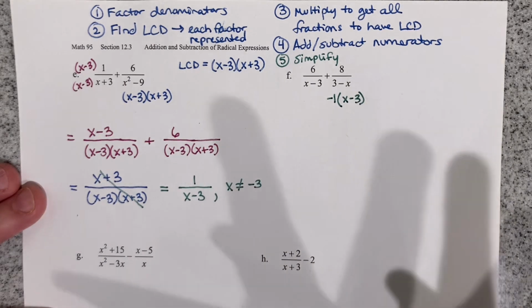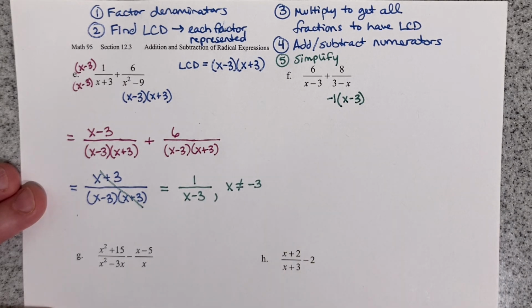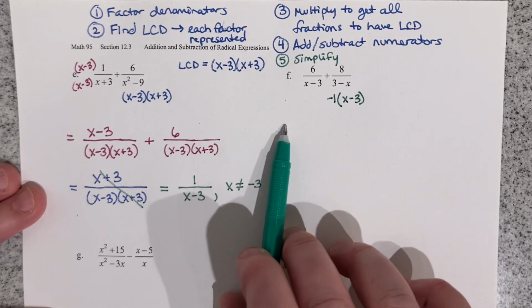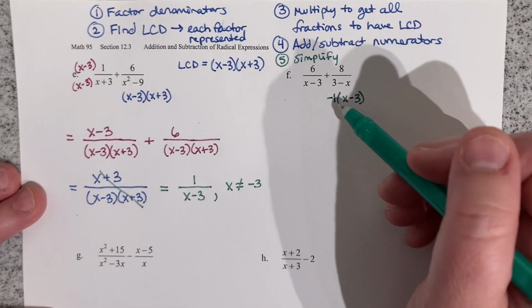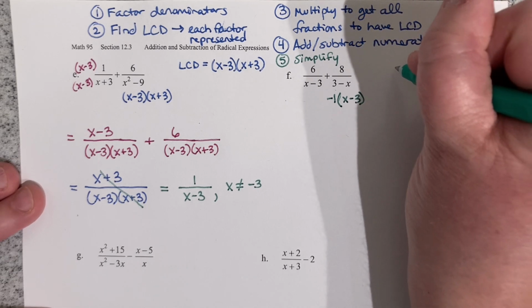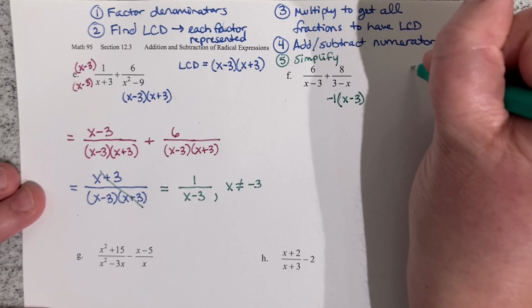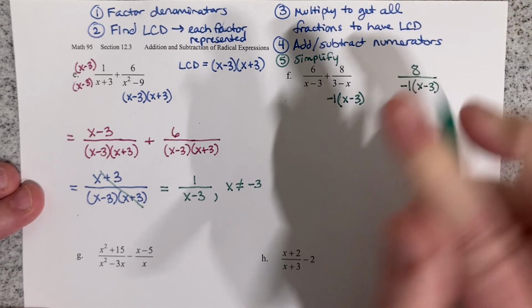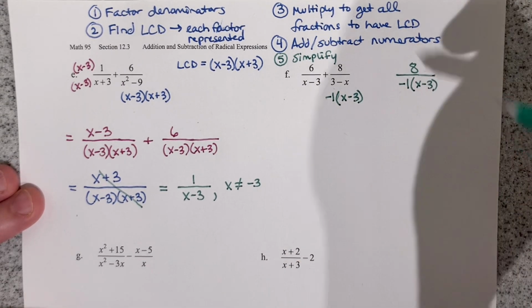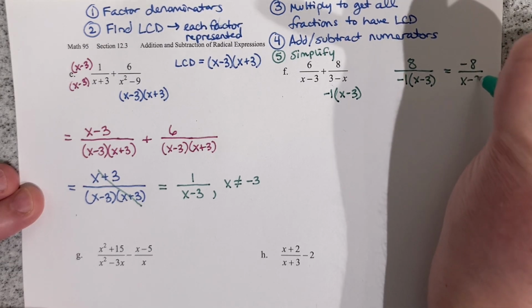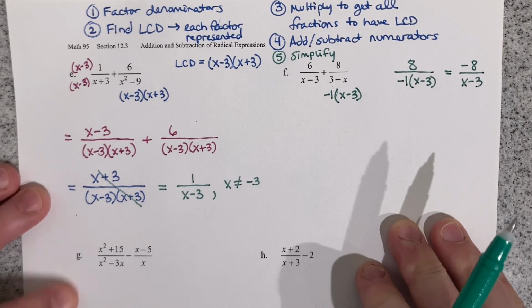Now, there are 2 different ways to do this. One is to multiply this first fraction by negative 1. What I'm going to do instead is move this negative up to the top. Let me show you what that means. So if I have 8 over negative 1 times x minus 3, the second fraction, that's the same as negative 8 over x minus 3.